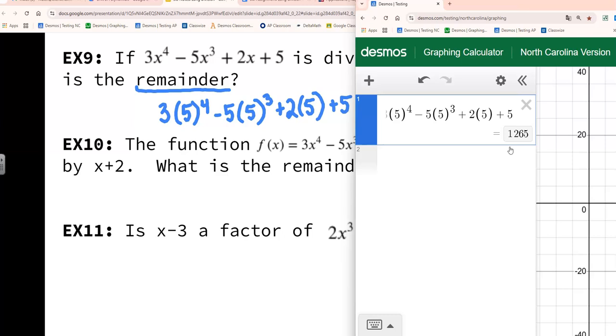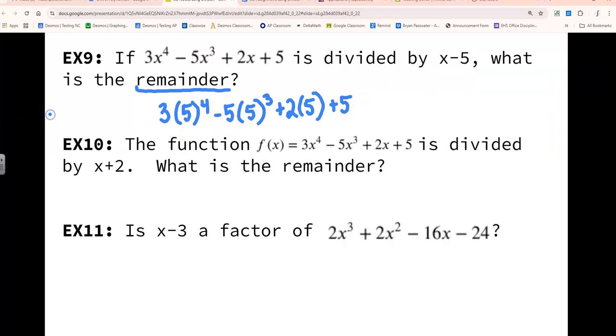If we tried to do that long division, I'm not sure I'd get the right answer at the end, because the numbers are obviously getting really large. But all you have to do is plug in the opposite sign of that factor. So we get 1265.